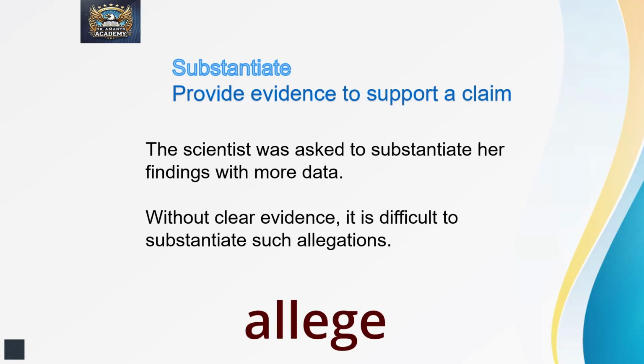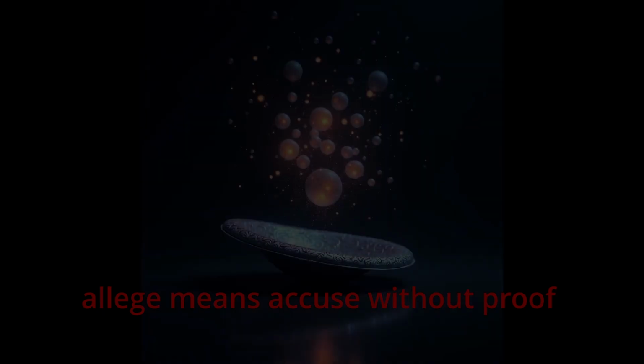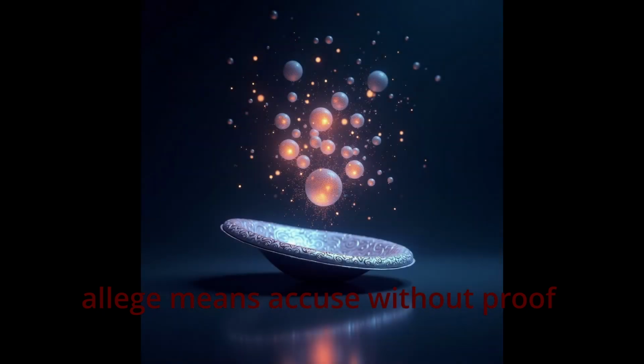Allegation comes from allege. Allegation means false accusation. So you claim about somebody something that is not true. So in order to prove their allegations are true and reliable, you have to substantiate them. So you have to bring something to prove them.